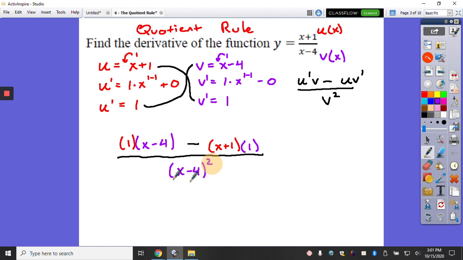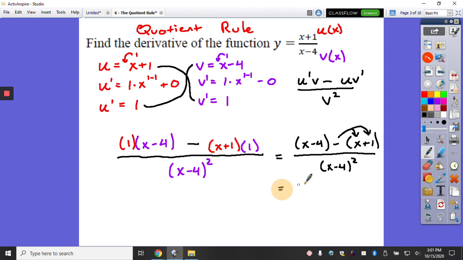Okay, so all I really need to do is just simplify this up a little bit. So 1 times x minus 4, well, that's just x minus 4. So that's x minus 4 minus, well, this is just x plus 1. And you'll see that I can simplify this even further, right? Because this negative would distribute.